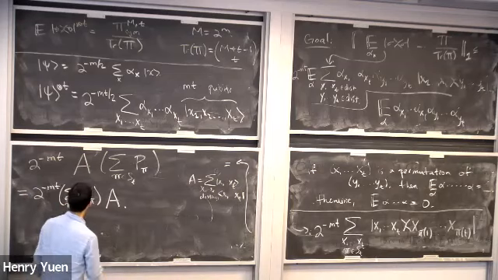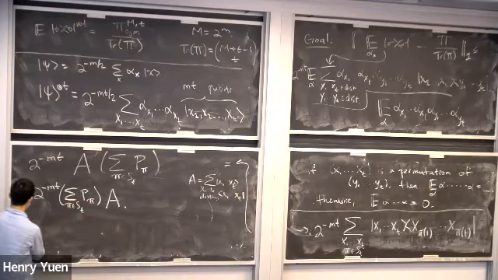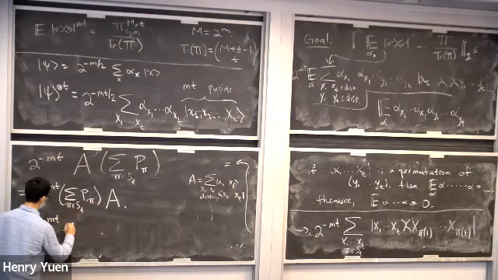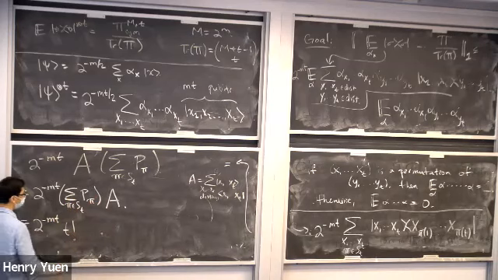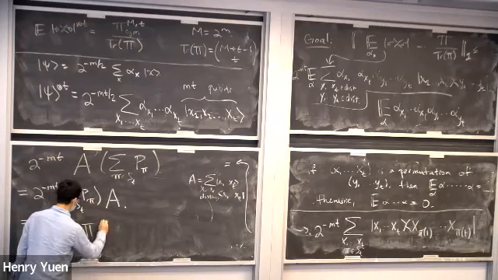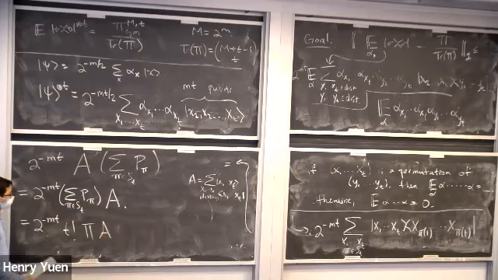That's another fact that we'll use. It's not exactly a projection, it's going to be t factorial times a projection. So this projector pi is equal to the summation over these permutation operators divided by t factorial.